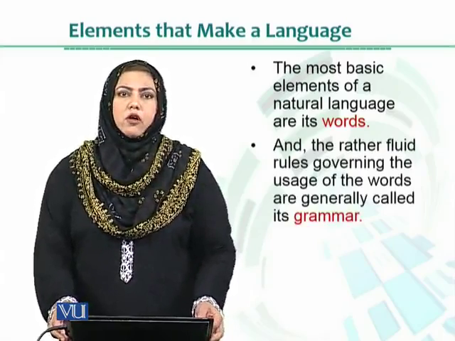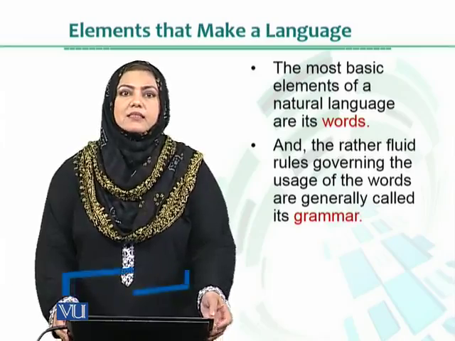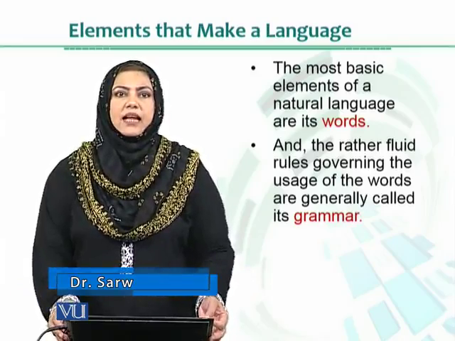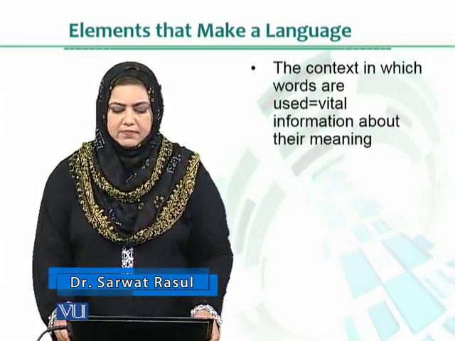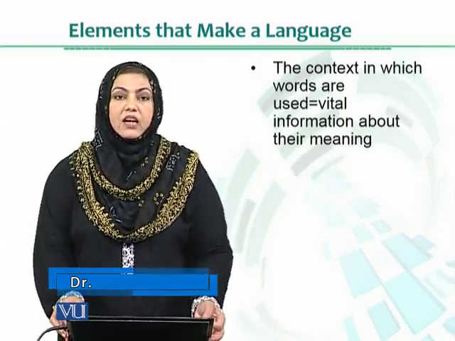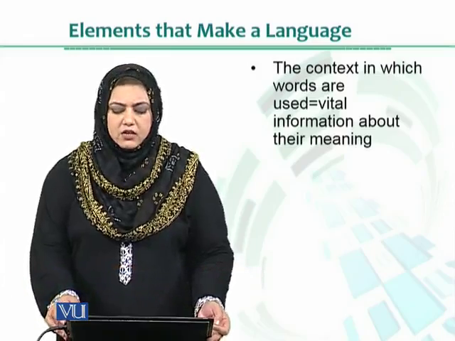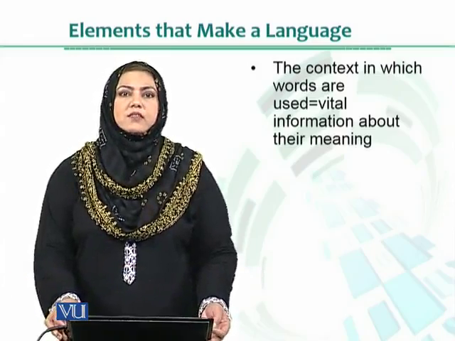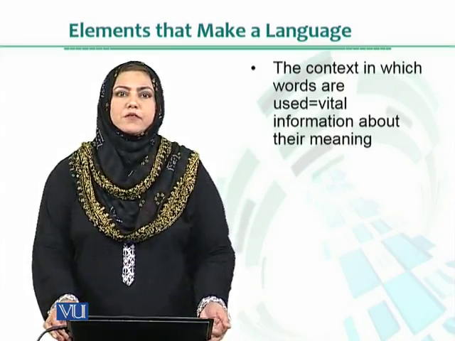The third thing that we talk about in this session, by the way, is the context in which these words and grammar are used. Right now, focusing on the words, I would say the context in which words are used is vital and crucial. So, for instance, the word light would have different meanings.